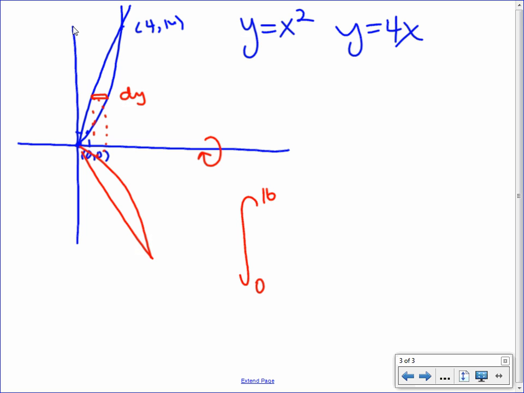Okay. Remember, we're integrating with respect to y. And so we have to look at the y value. These rectangles are going to stretch all the way from 0 up to 16. Okay. What is our radius? Our radius is y, so 2 pi times our radius times the height of the cylinders.